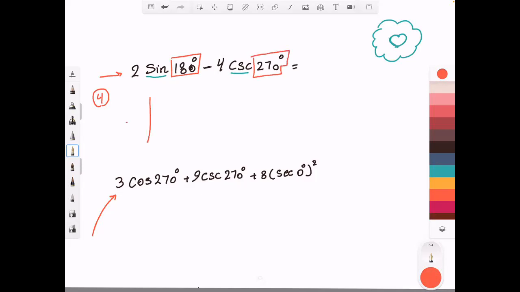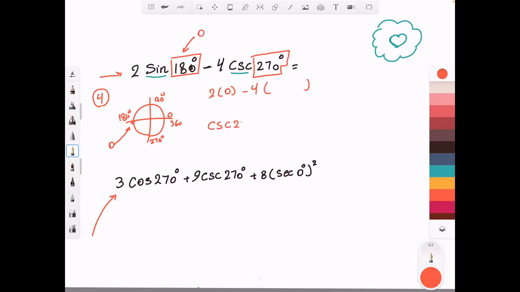On the circle, 0, 90 degrees, 180, 270 degrees, and 360. Sine of 180, the value of y here is 0, correct? So this is 0. We're going to get 2 times 0 minus 4. We have cosecant.